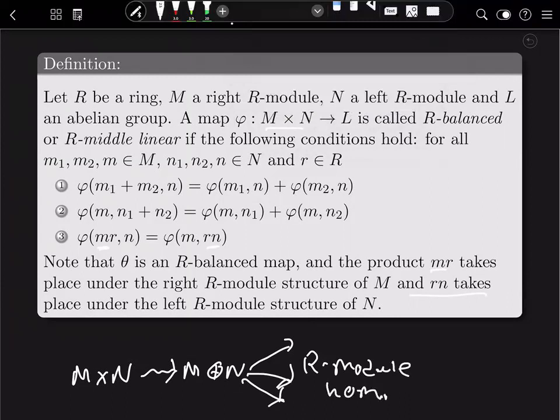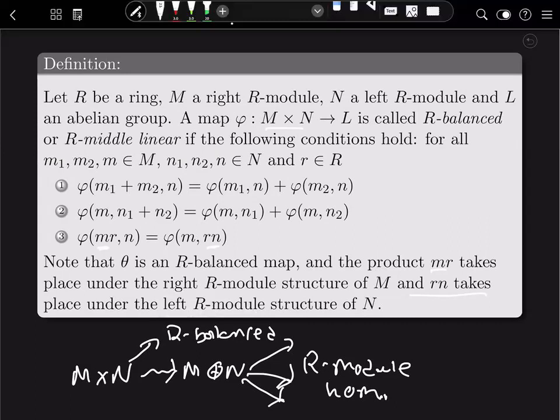But now we also have other maps out of M cross N. These are R balanced. So we have R balanced maps now.